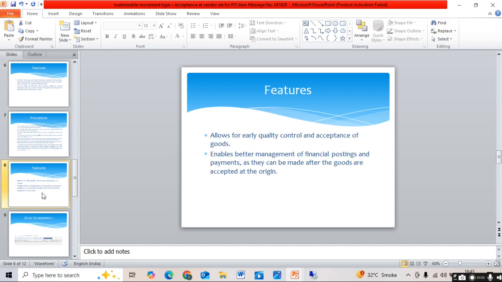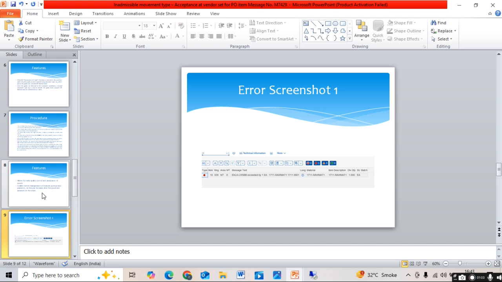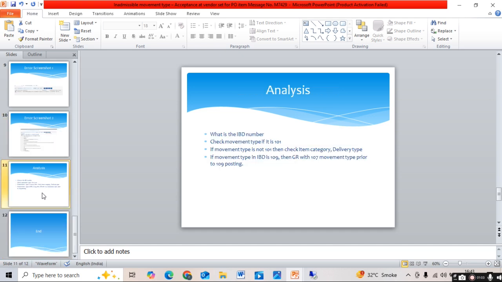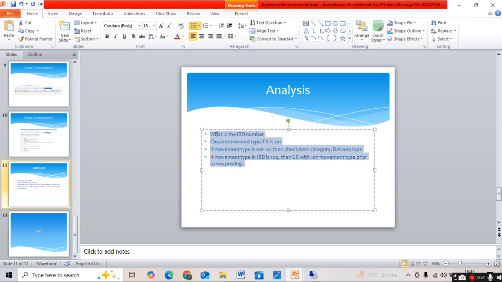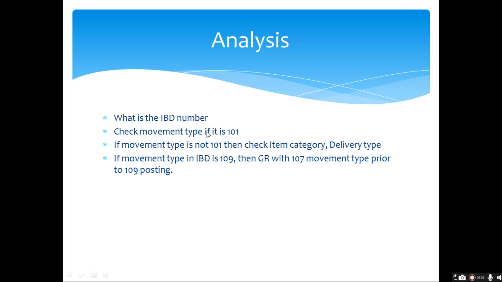Let me go back to the presentation. So these are the points we need to remember. Suppose there is a daily IBD, then we need to first check what the IBD number is, then check what the movement type is in the IBD, whether it is 101 or 109.